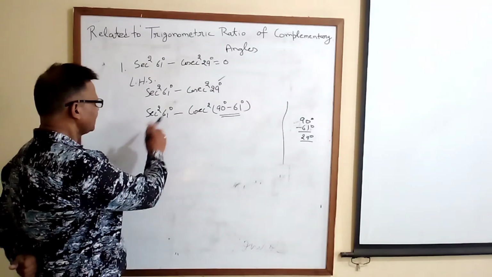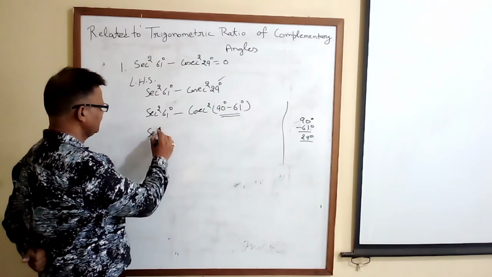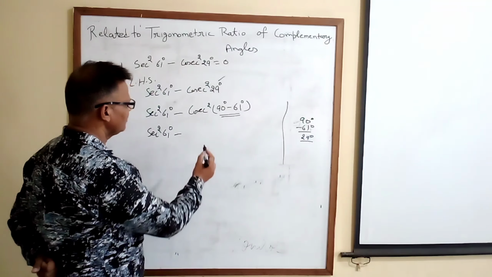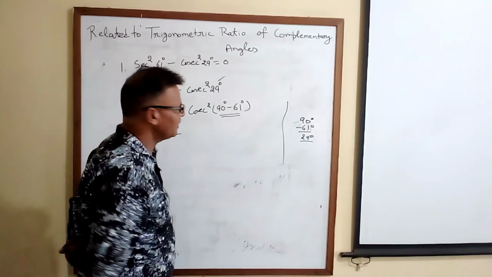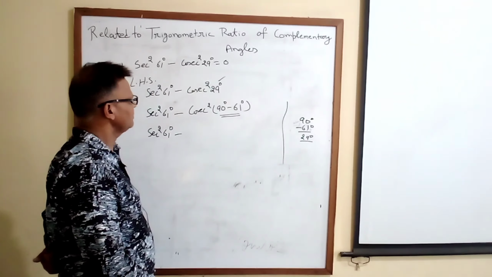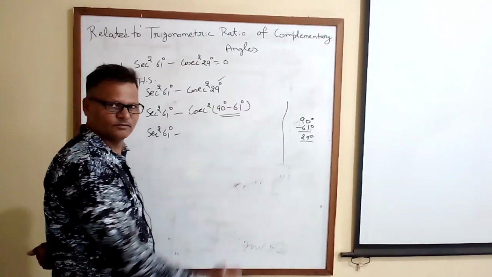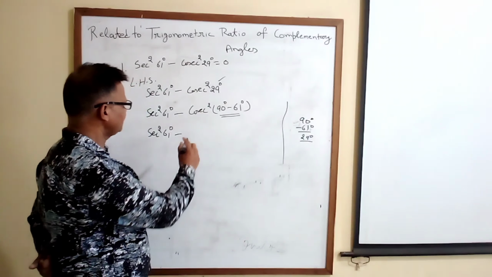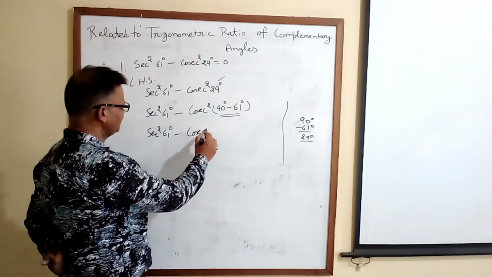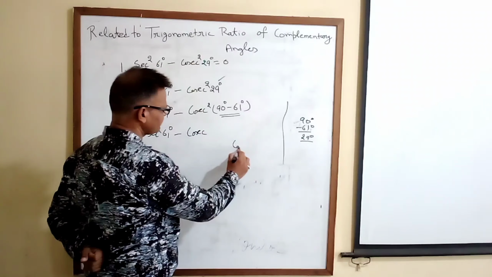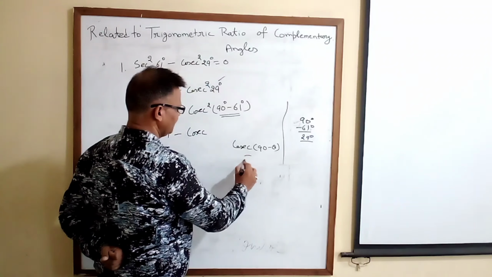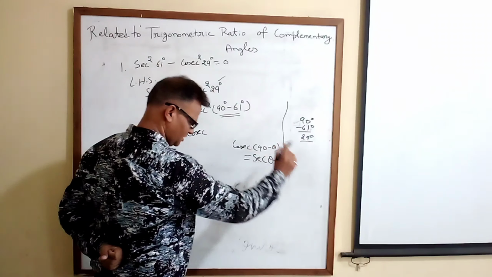So next, secant square 61 degree minus. Now, from the table which we did last in the previous topic, secant 90 degree minus theta is equal to secant theta.